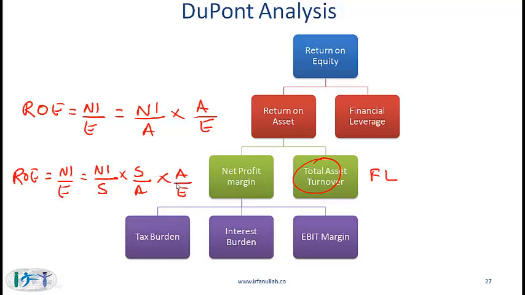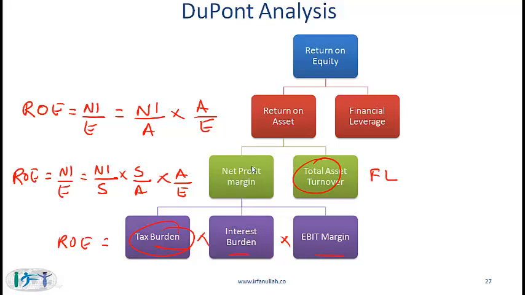While I don't think you are likely to be tested on this, you might as well also learn the 5-form decomposition of the return on equity. So here we essentially say that return on equity is equal to tax burden into interest burden into EBIT margin, and all these numbers essentially are coming from the income statement.